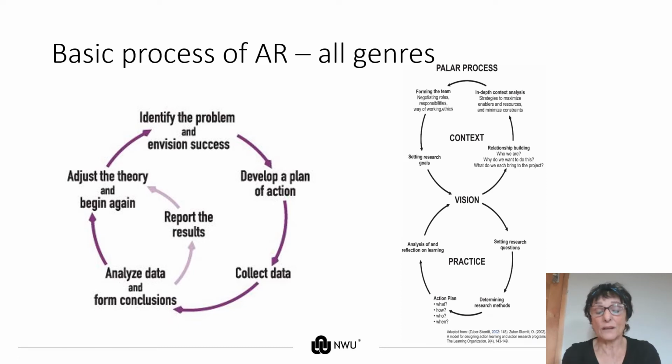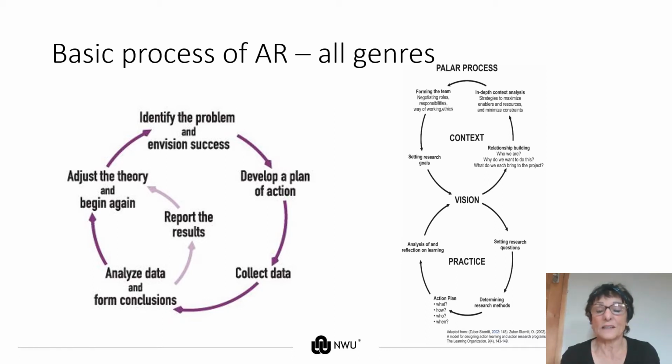So if you look at the purple one there, and then at the PALAR process, that's a process of all AR, PAR included. It fits into the practice one at the bottom of the PALAR. The upper circle of the PALAR is where you work with people, you develop a team, you build relationships, you are determining how you're going to work together.